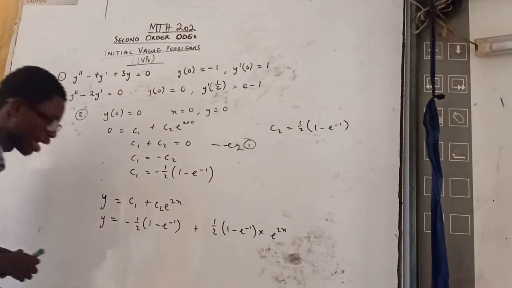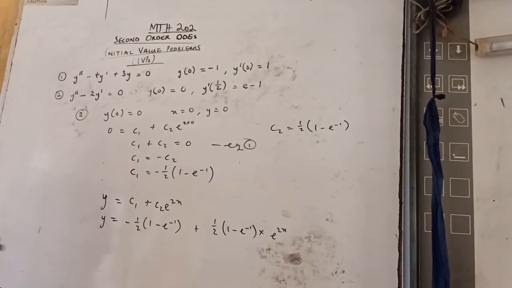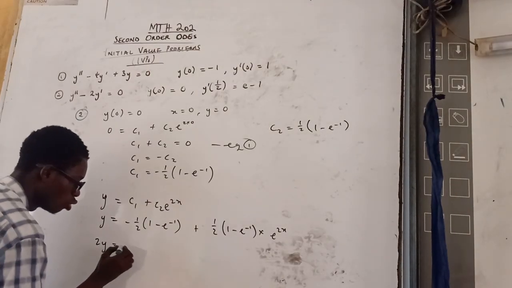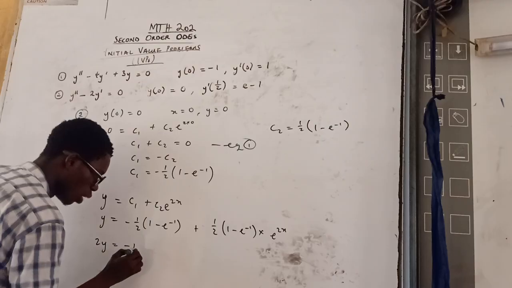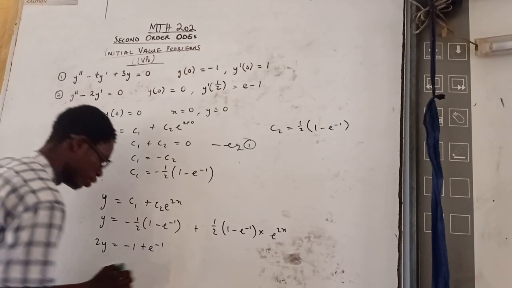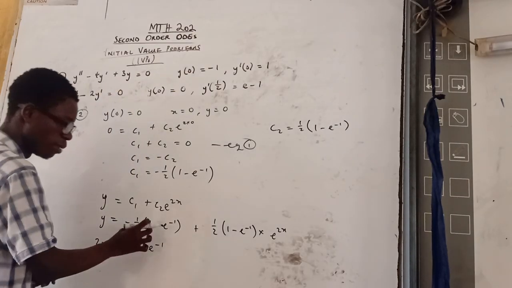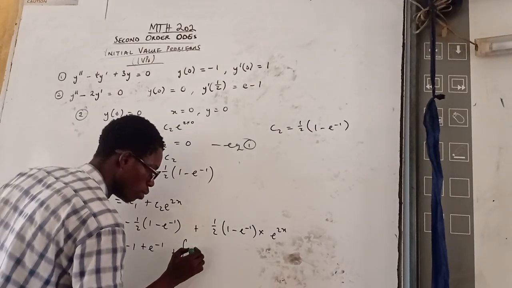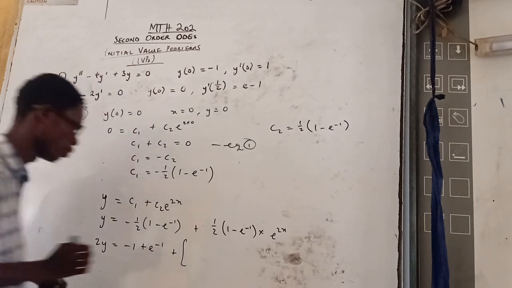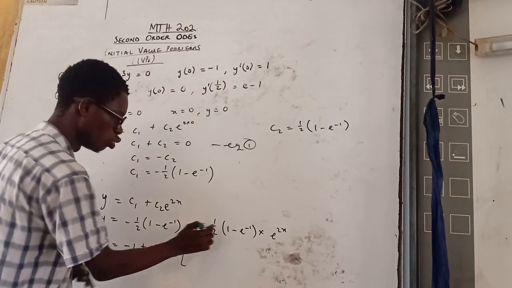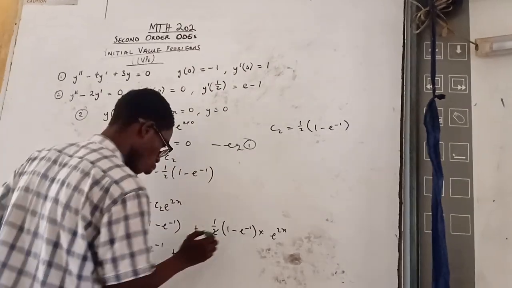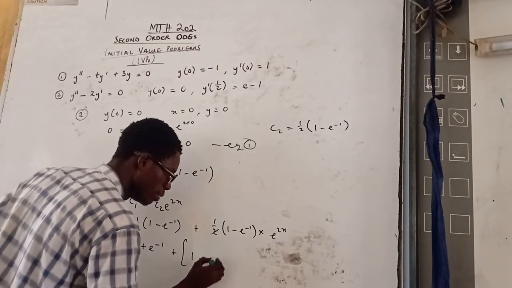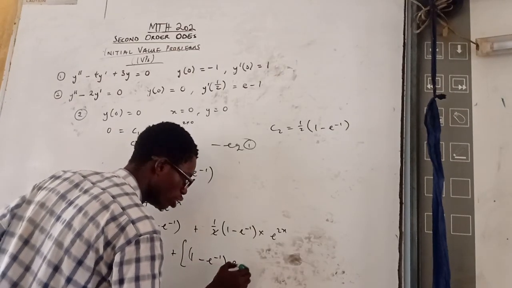So I can multiply everything through by 2. 2y equals minus, let me open this, minus 1 plus e minus 1. I've multiplied by 2, so this 2 is going to cancel out. Plus 1 minus e minus 1, e raised to power 2x.